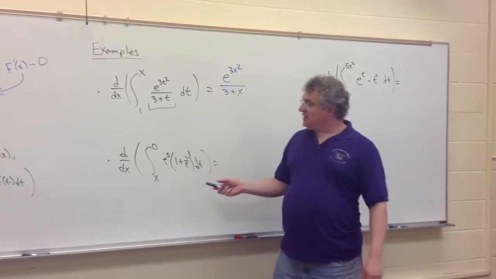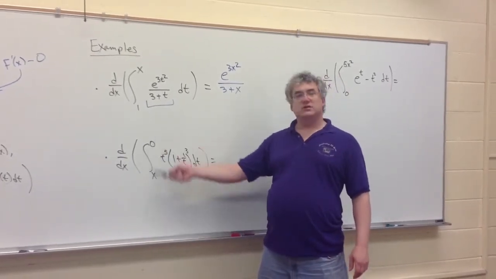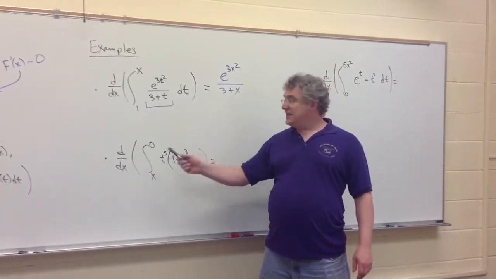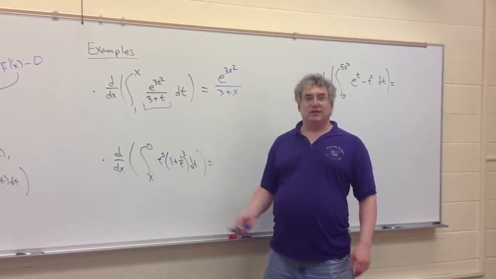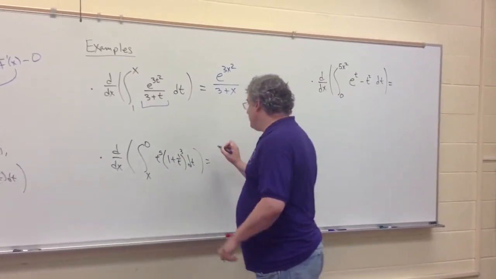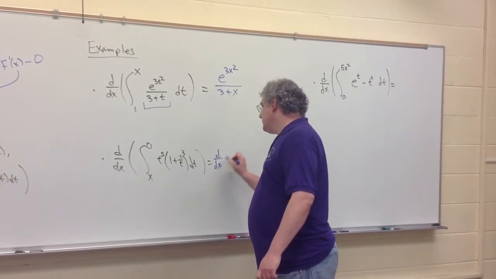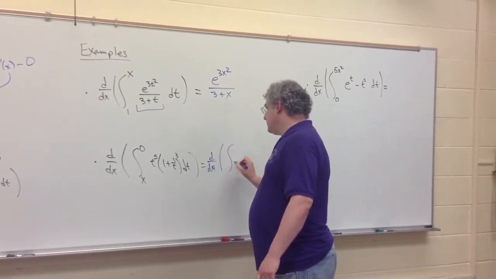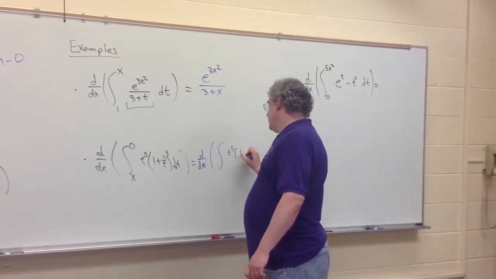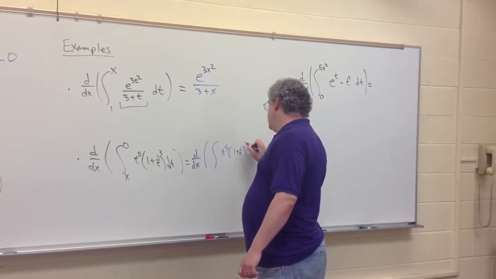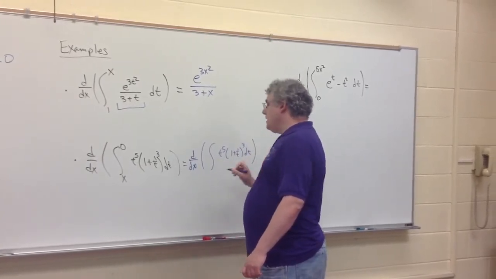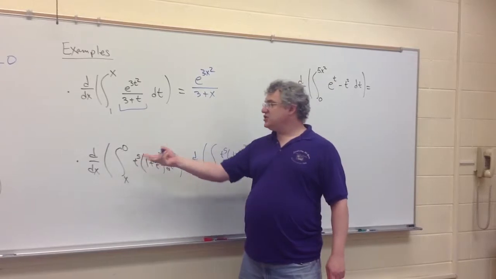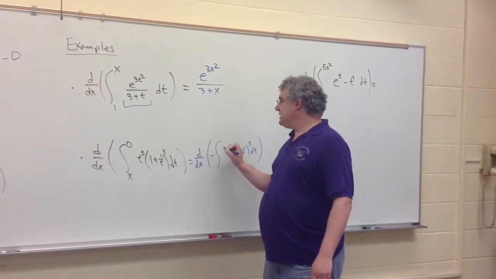That's how easy this is. Now, this one's going to be a little trickier because, well, they're switched. The theorem said if x is up here, and it's not. It's down there. But hopefully you remember, I'll just rewrite this. If we have these switched, we can use a rule which puts a minus sign there.